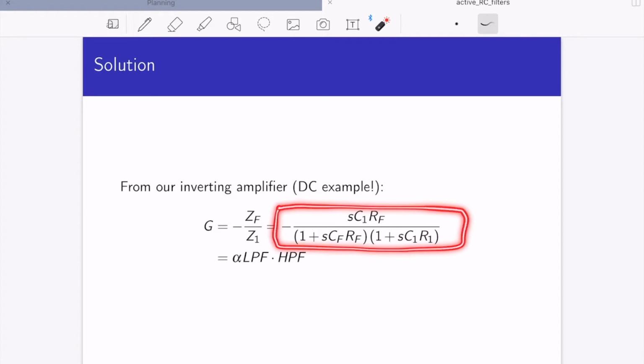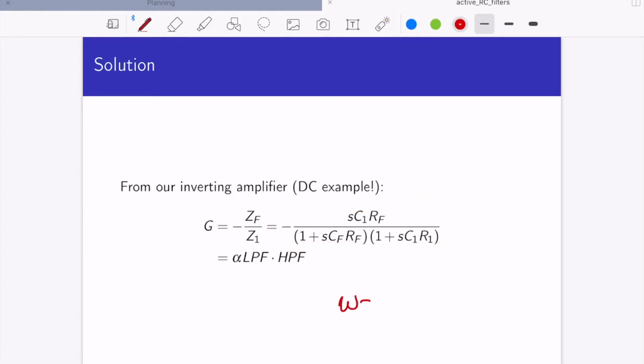If we look at what happens when omega is equal to 0, the gain is going to be 0. And if omega approaches infinity, then we end up with 0 as well. How did I know that?